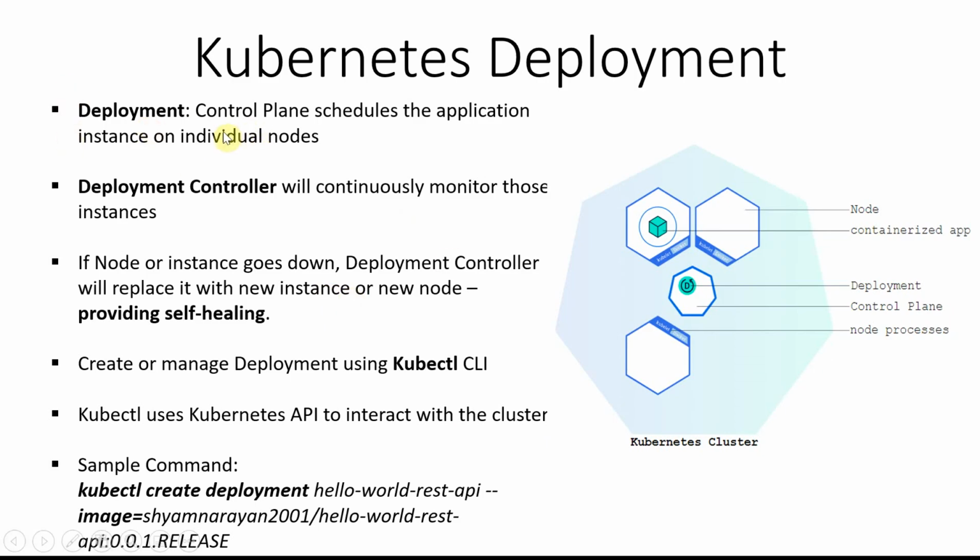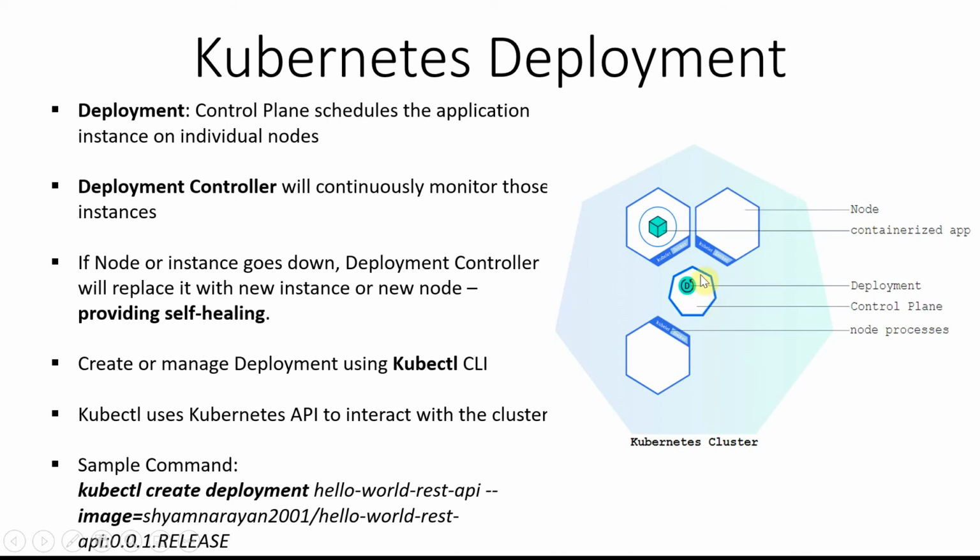In the deployment, the control plane schedules the application instances on individual nodes. Whenever you give a deployment command, the control plane will schedule that application on all the nodes. And there's one component called the deployment controller, which continuously monitors those instances. For example, we deleted a pod.